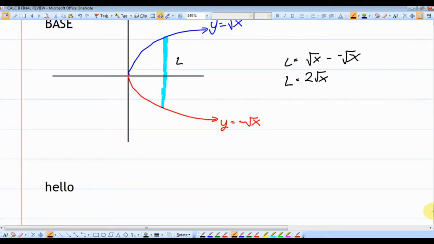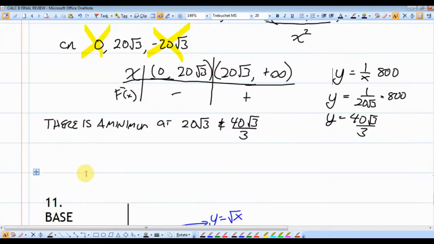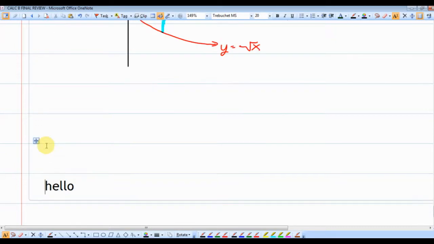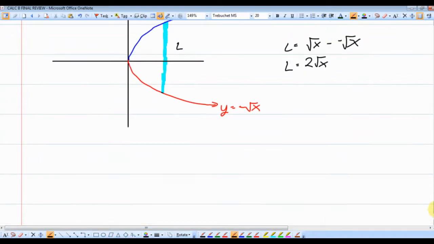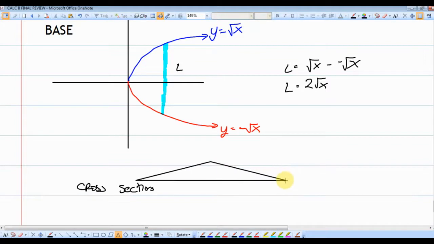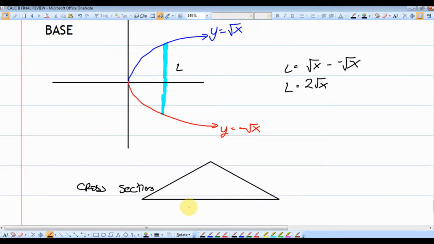The next thing is to look at the cross sections. The cross sections are triangles with an altitude of 2. Can you go back up for a second? Cross sections. So let's draw a triangle with an altitude of 2.